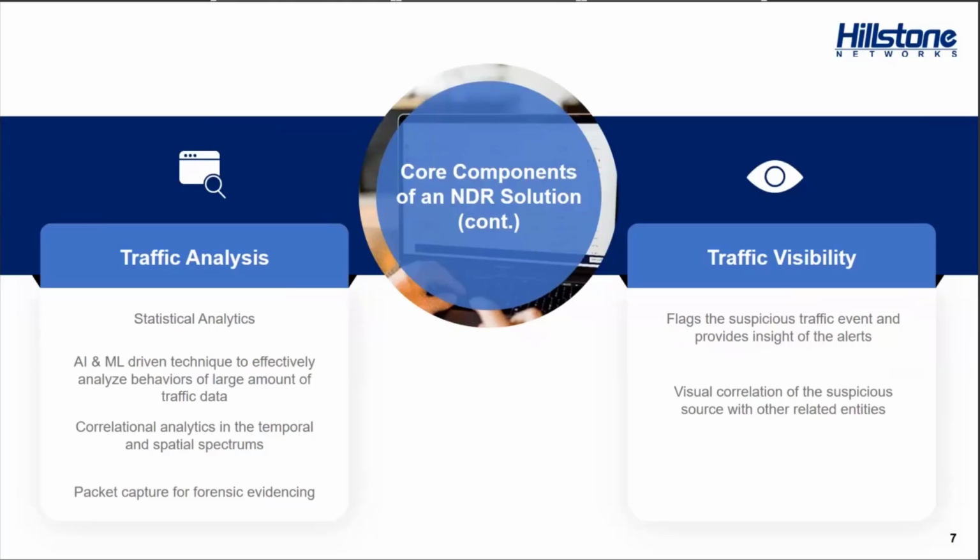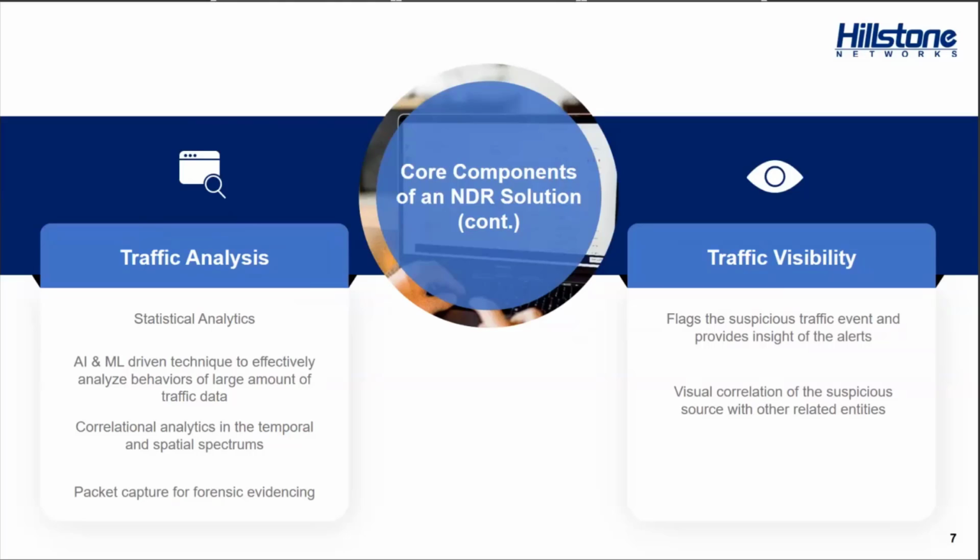So it's very automatic and very effective. And also, using machine learning or other techniques, we can correlate the traffic in a temporal or spatial spectrum. For example, if we find some suspicious activities from one particular IP, we can go back a certain period of time to find out any other activities this IP has conducted, any other suspicious or normal activities.